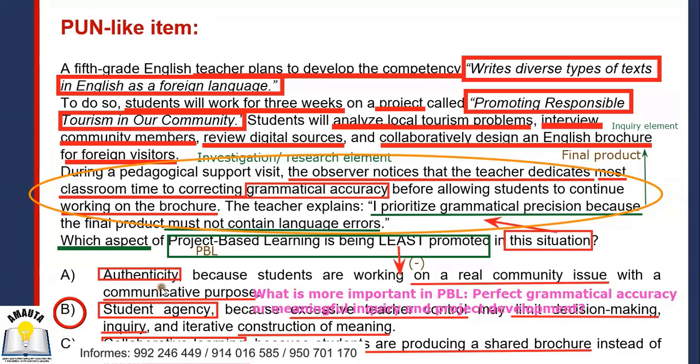Students are actually working on a real community issue, responsible tourism, with a communicative purpose, definitely, right? This is a distractor. This is not the problem.